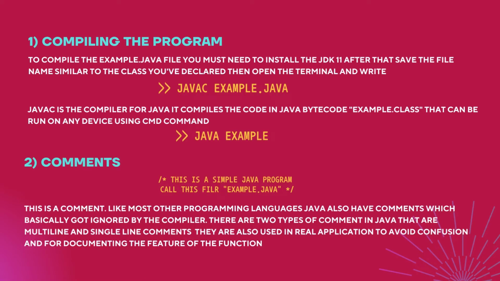Compiling of the program. To compile the Example program, execute the compiler javac, specifying the name of the source file on the command line as shown. The javac compiler creates a file called Example.class that contains the bytecode version of the program. As discussed earlier, the Java bytecode is an intermediate representation of your program that contains instructions for the JVM.